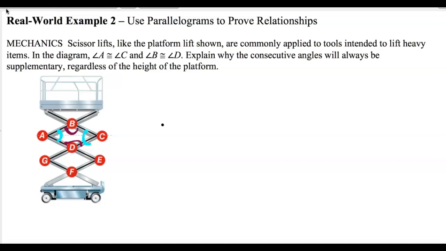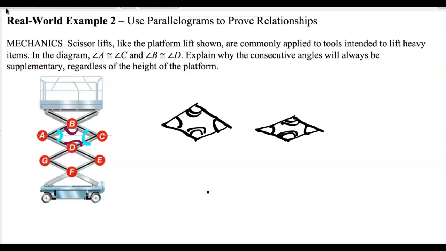Think about if we were to make this scissor lift go down, and we want to see what would happen if we change this original shape so that it eventually becomes almost compact. These angles are going to remain in the same relationship, so they will always be supplementary, no matter how flat we get this.